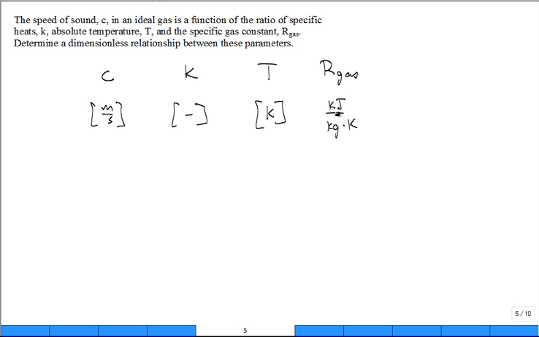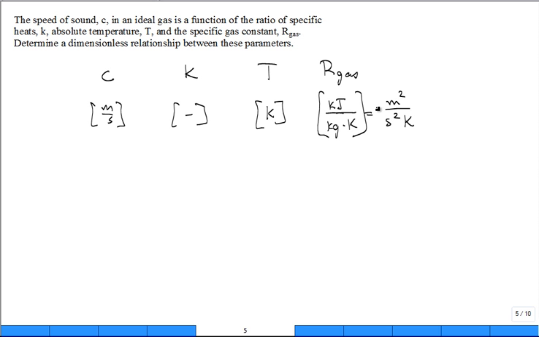And then it's also meters squared per second squared Kelvin. Kilojoule per kilogram. Well, 1,000 meters squared per second squared is 1 kilojoule per kilogram. So you can work in either one of these.